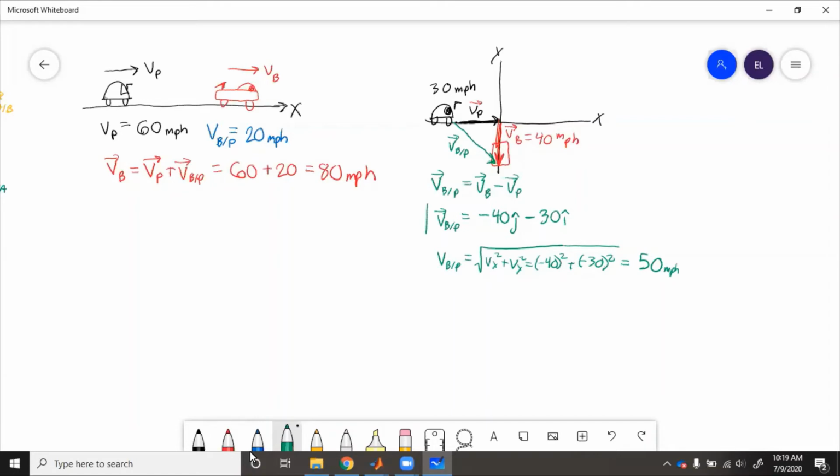So velocity of Bob relative to the policeman is this. The relative speed, which is a scalar, is this.